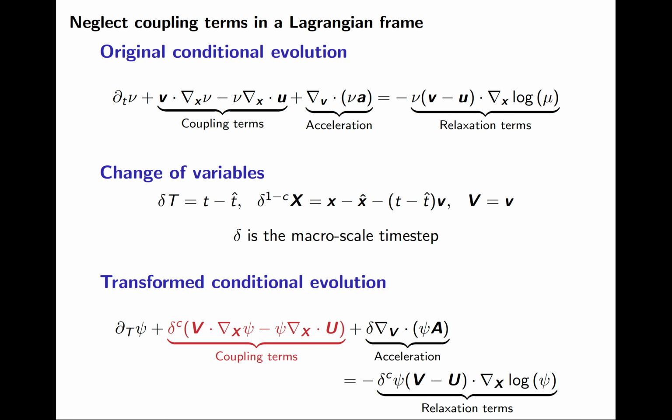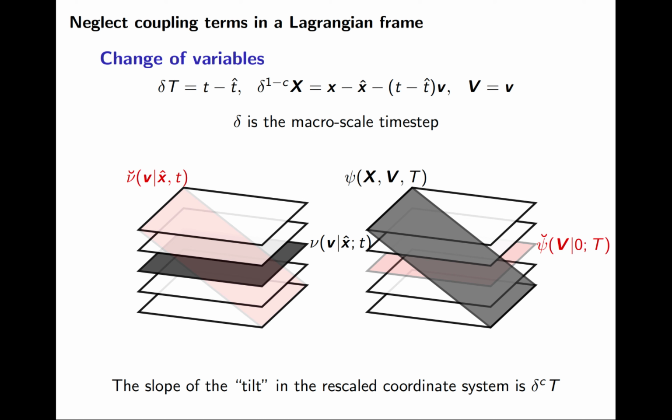So maybe a more graphical way of looking at it is that we have this change of variables, and this cartoon here shows the original coordinate system. So if the vertical axis is somewhat, in a cartoon type of way, the spatial coordinate, and then each of these planes corresponds to the velocity coordinate, the distribution that we care about is the plane that's associated with specifically x hat.